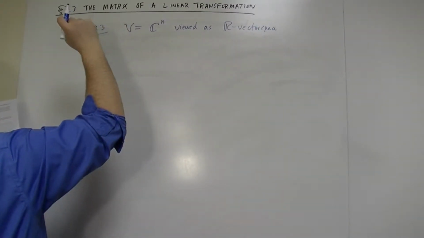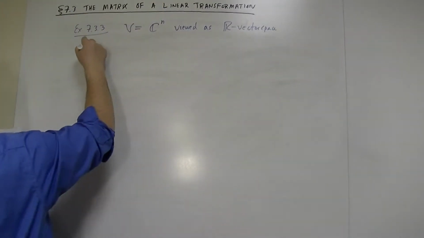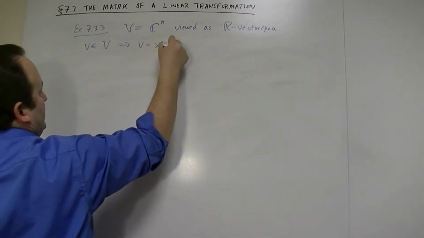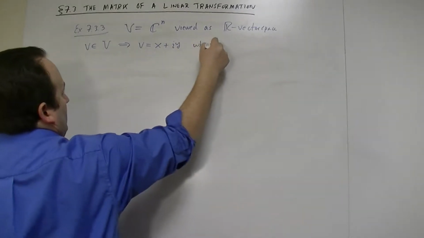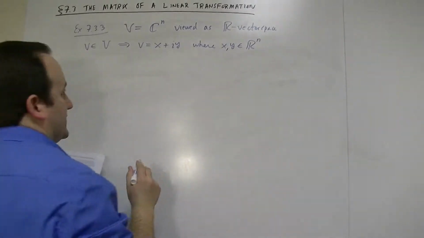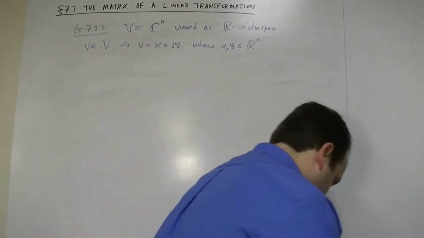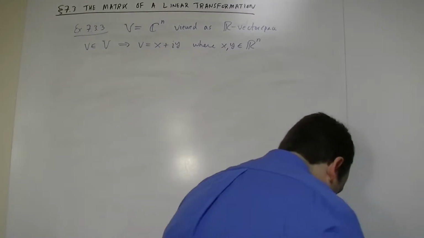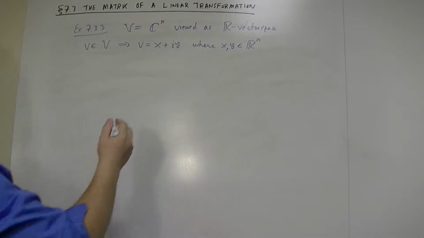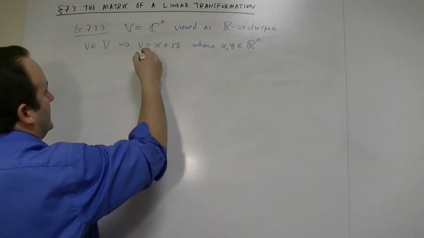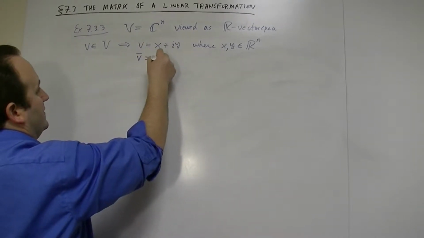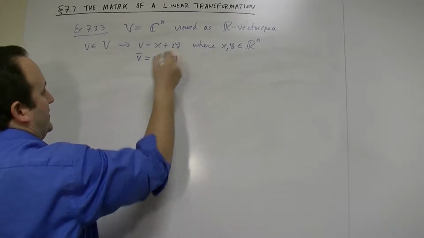So if v is an element of big V, that implies that v is equal to x plus i times y, where x and y are n-dimensional vectors. Let's see here. What else could we define? Well, you can also define the complex conjugate for an n-dimensional complex vector. Like what's v bar would be x minus iy, right?